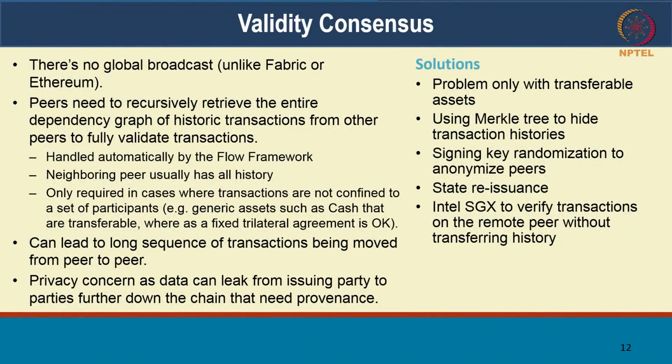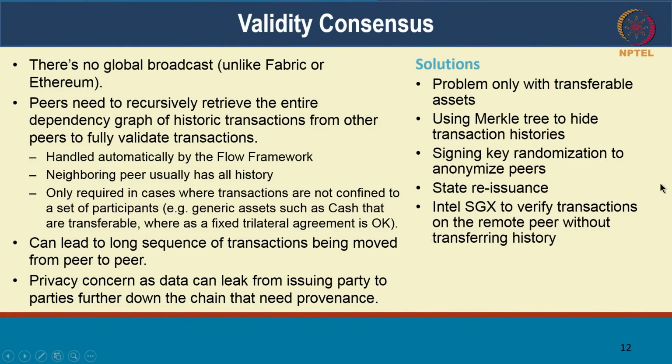Now there is also a privacy concern, as data can be leaked from the issuing parties to parties further down the chain. But Corda is working through multiple alternatives to address that privacy issue. They are looking at signing key randomization and anonymizing peers so that the peer identity is not revealed.